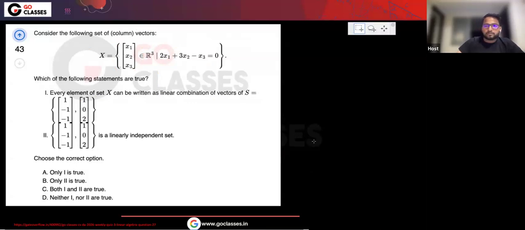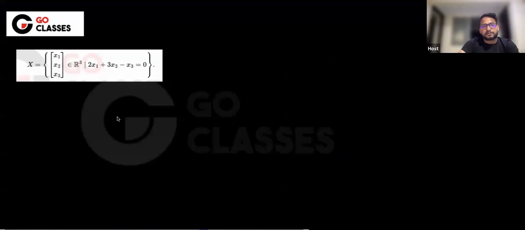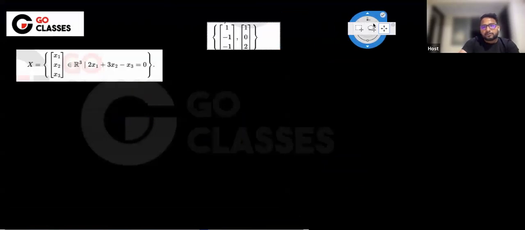So let's just do one thing. Let me just take these two vectors on the next page. Let's see what the relation is between this particular set and these vectors, how these two vectors might be related to this set.